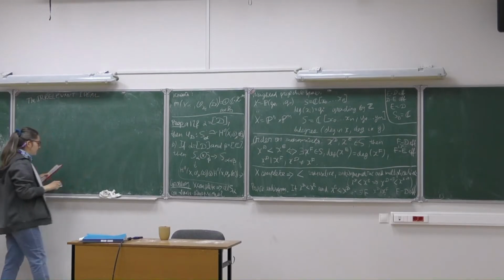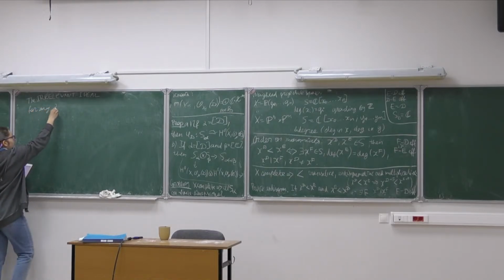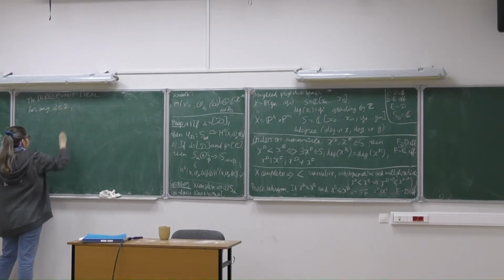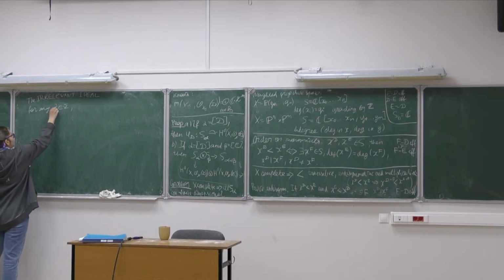What is this? If we take a cone sigma in our fan, we can take the product of all the variables which do not enter in sigma.